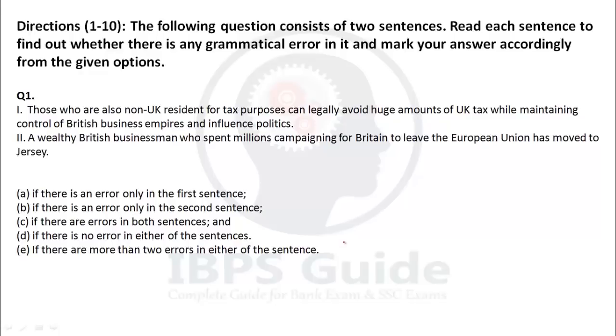Let's read question number 1. Those who are also non-UK residents for tax purposes can legally avoid huge amounts of UK tax while maintaining control of British business empires and influence politics.